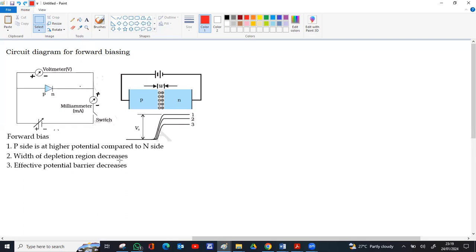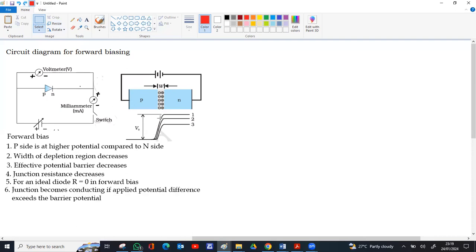Since the width of the depletion region decreases, the resistance offered by the PN junction decreases. For an ideal diode, the resistance becomes 0 in forward bias, because the total potential barrier and depletion region all disappear when the applied voltage exceeds the barrier potential.